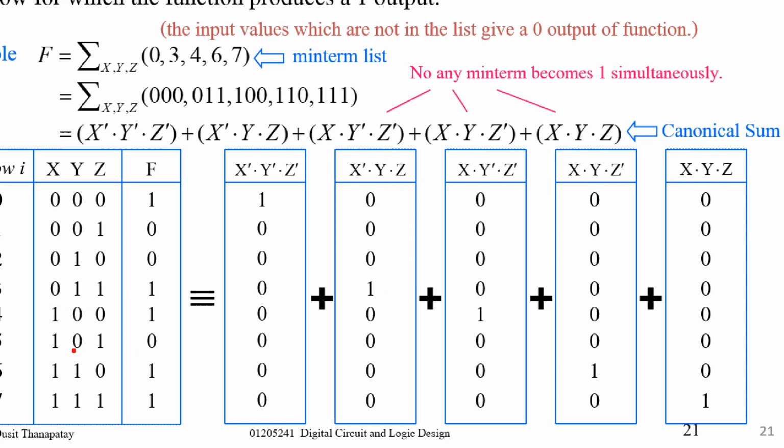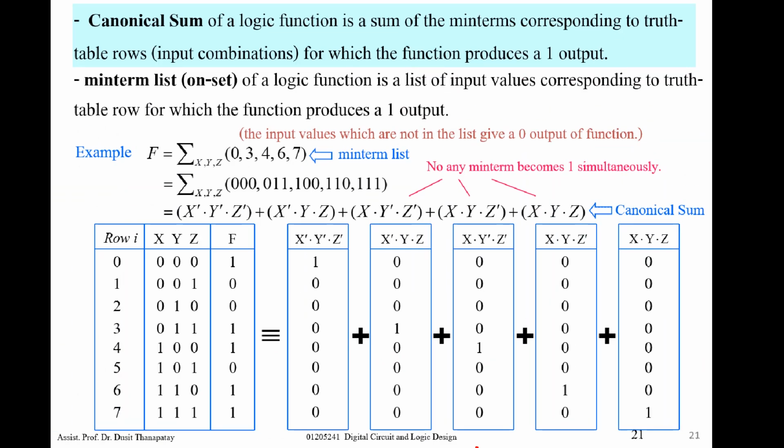But if the input does not make any min term 1, namely all the min term values are 0, the result will be 0. That means now you can complete the representation, or write the expression for this function. This kind of expression is called canonical sum.